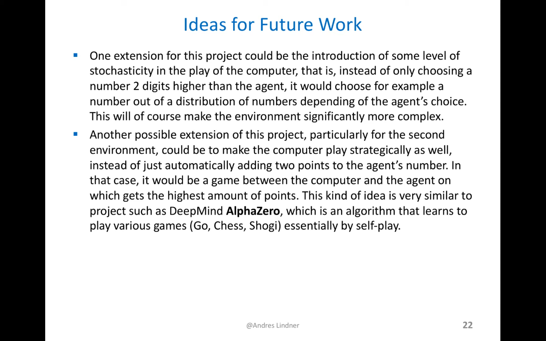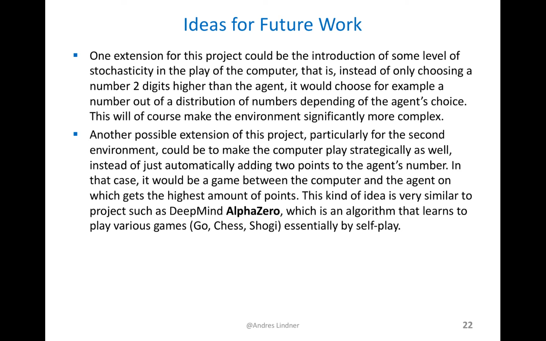But we could increase the stochasticity and say, maybe the computer can play with a distribution of values depending on the value of the player. This could make the game much more complicated and difficult, but it could be interesting to see how the agent manages to learn the appropriate behavior and navigate all this uncertainty.